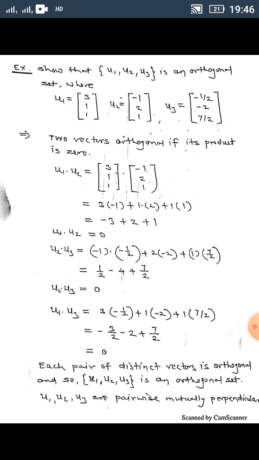If any one of them is non-zero, we cannot say that these three vectors are pairwise orthogonal. If u1 into u2 is 0, u2 into u3 is 0, and u1 into u3 is non-zero, then we cannot say that u1, u2, u3 are orthogonal. So remember, students.